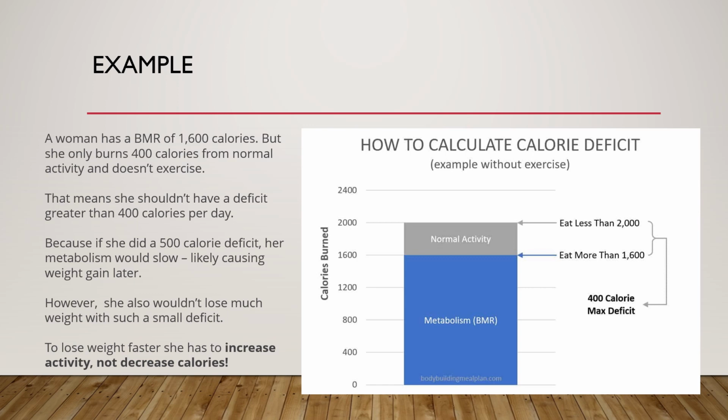This is an example that I have taken to give you a clear understanding. A woman who has a BMR of 1600 calories, but she only burns 400 calories from normal activity and she doesn't exercise. Now, how to calculate calorie deficit for her? That means she shouldn't have a deficit greater than 400 calories per day.